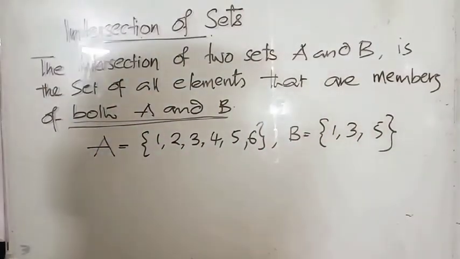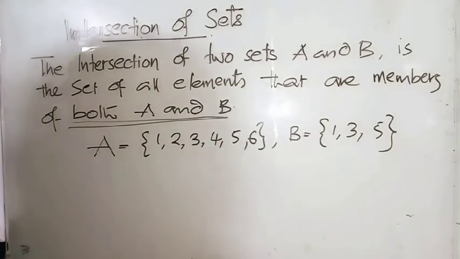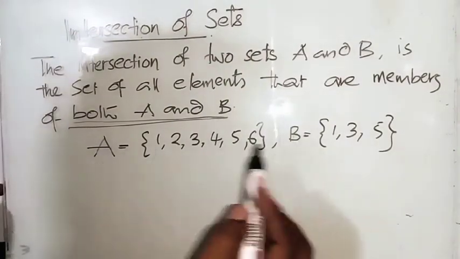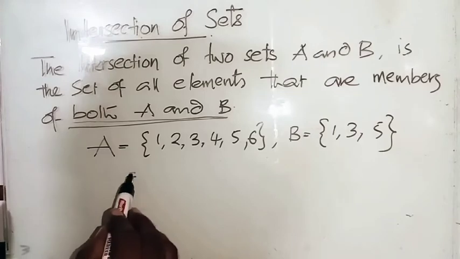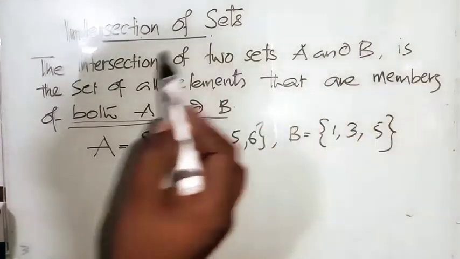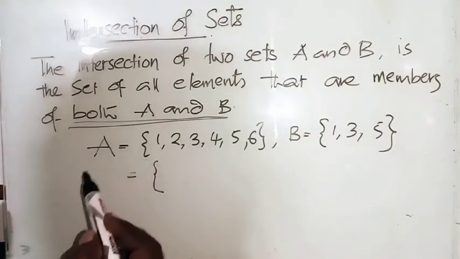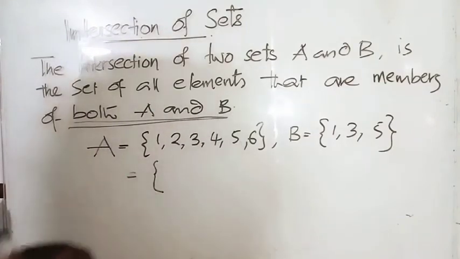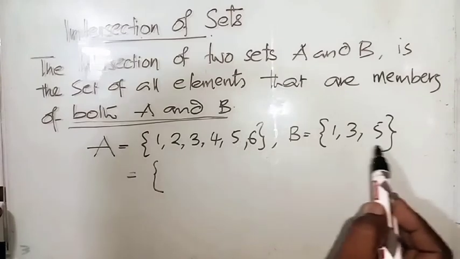But the intersection of two sets A and B is the set of elements which are common in A and B, which are present in both A and B. So what are the elements common you find here?